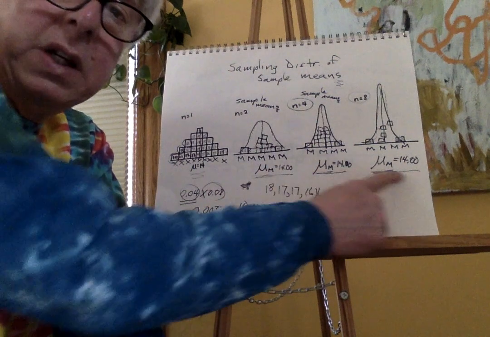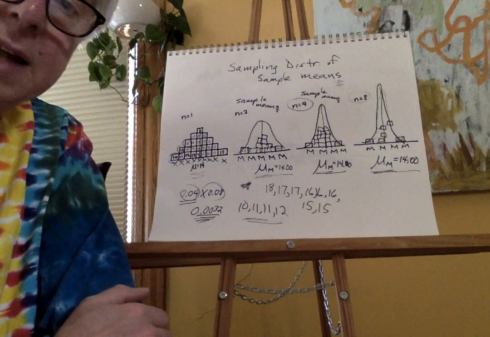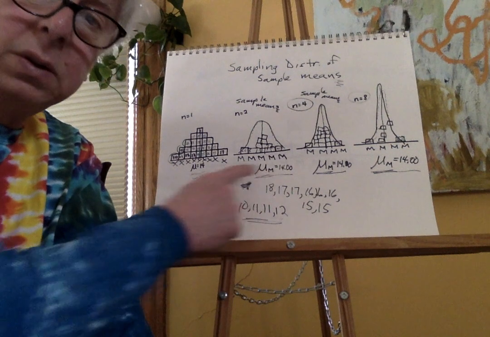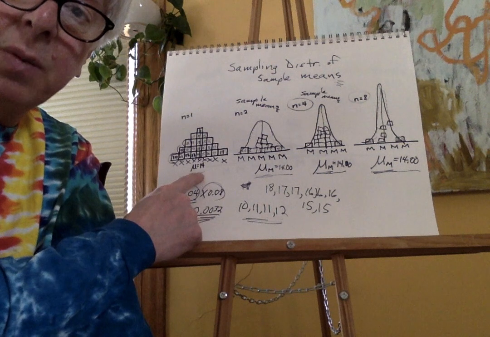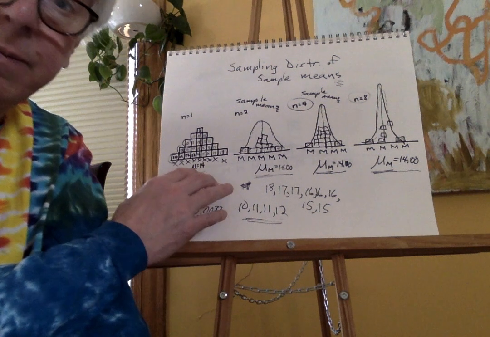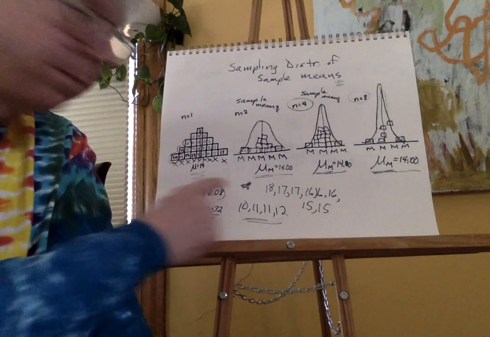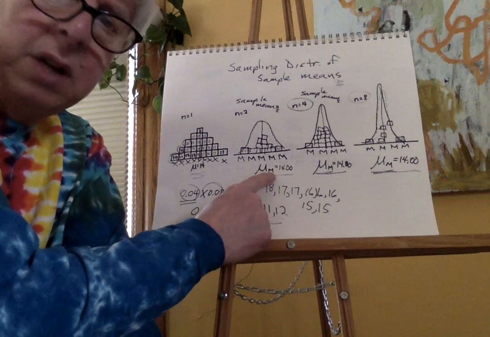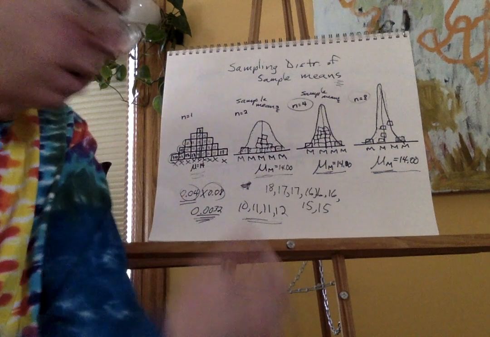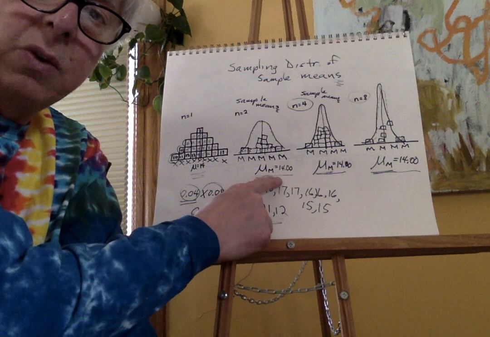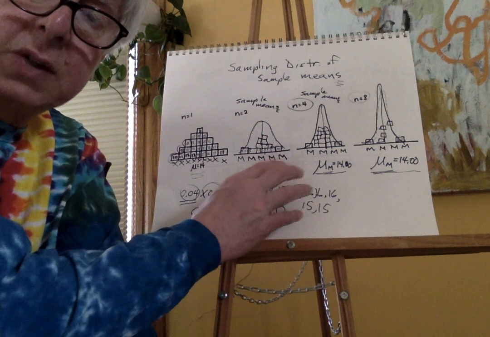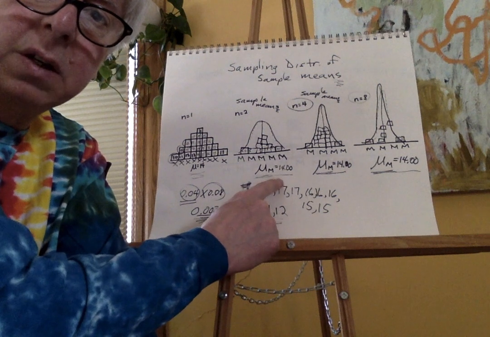The means of each of these sampling distributions of sample means will actually equal the mean of the original population of individual scores. So this was 14. Once we took out 1,000, 10,000, 100,000, a million, it's actually hypothetically an infinite number, when we plot all of those samples, it will give us a mean of 14, the same as what we had here.